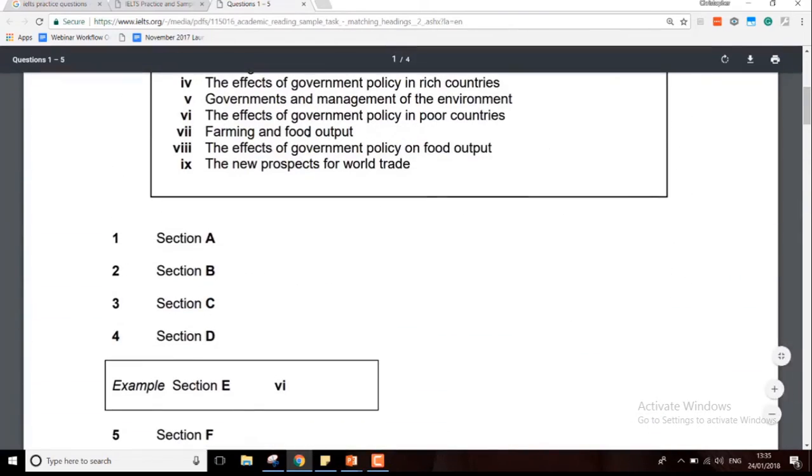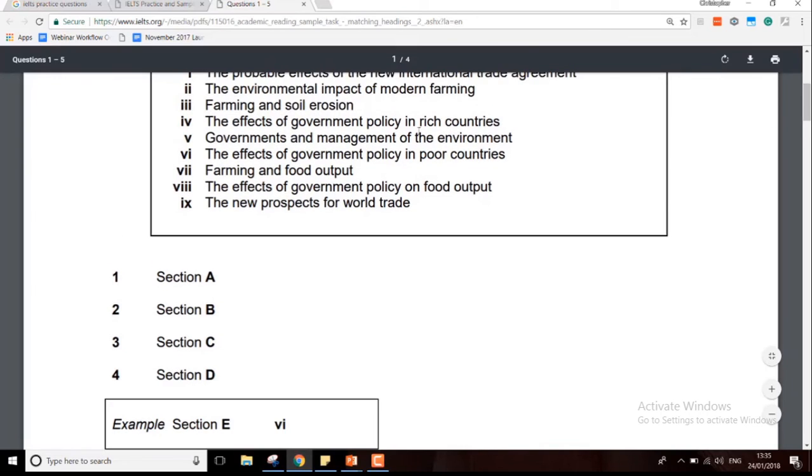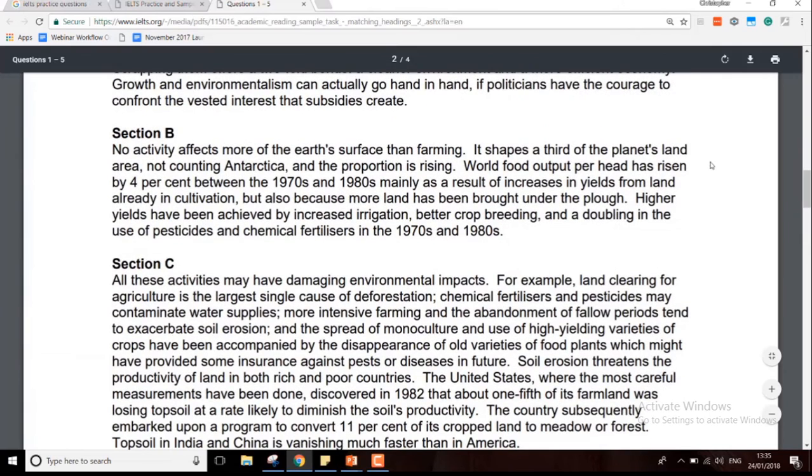If there are two, so let's say, the effects of government policy in rich countries, the effects of government policy in poor countries. They're two different differentiating keywords there. Let's say it's for this one, you could write poor countries, rich countries here beside each of them, go and have a look in here, and then you can make your decision.